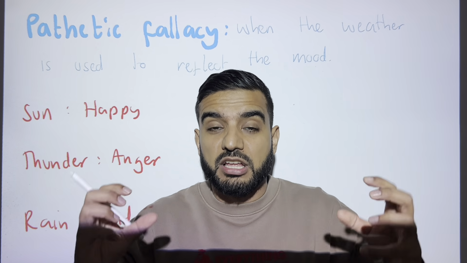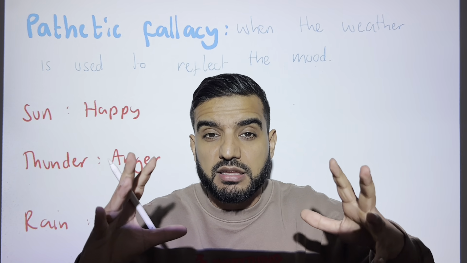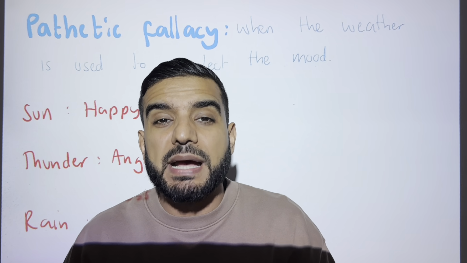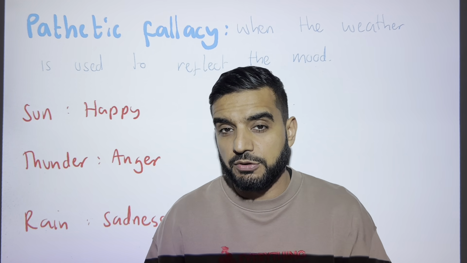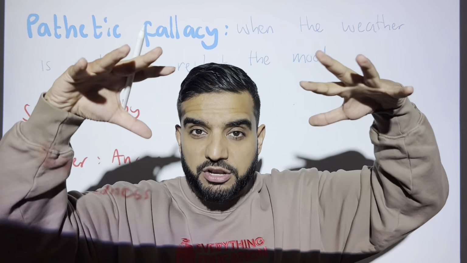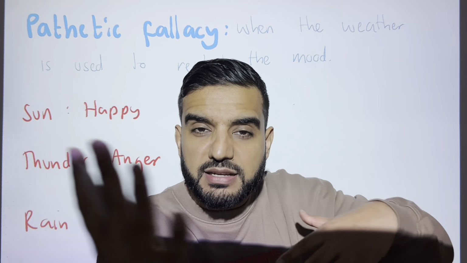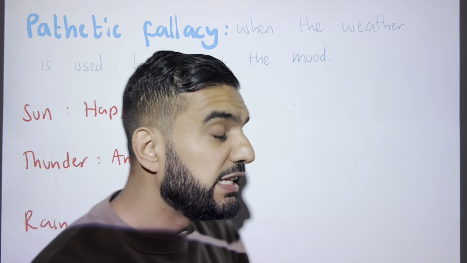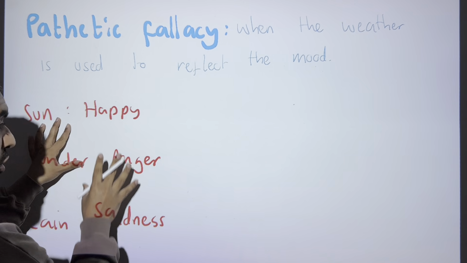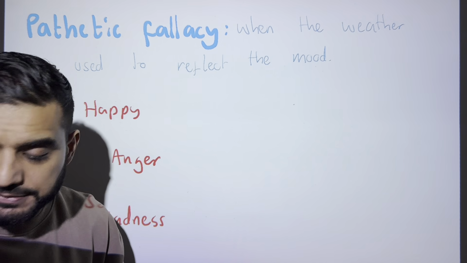When there's thunder and you can hear the sky rumbling, anger, something bad is about to happen. In Jekyll and Hyde, just before Jekyll kills Sir Danvers Carew, for those of you who've read it, the fog descends upon London. It's like a mystery, it's like a secret that's about to take place. But anyway, guys, these are typical examples, right, of what pathetic fallacy is.